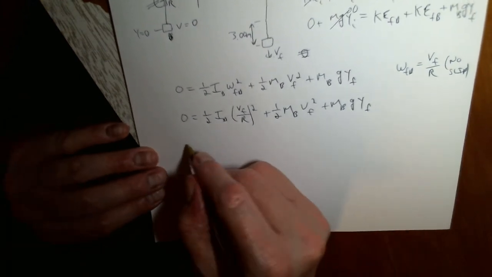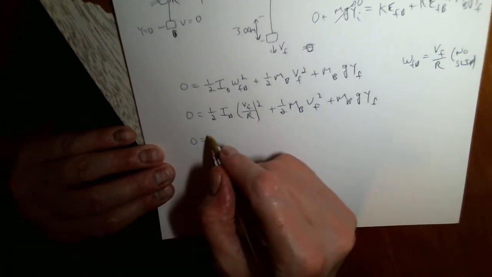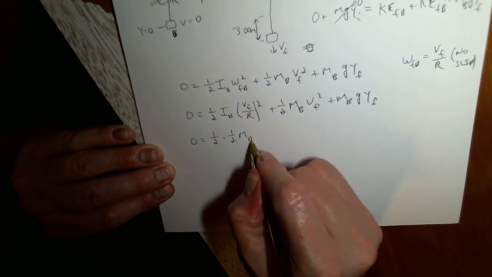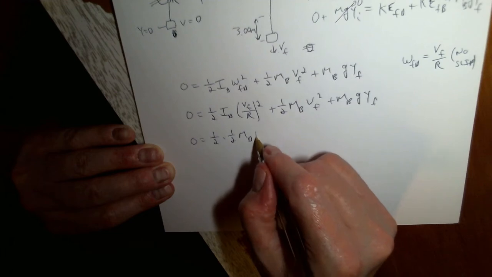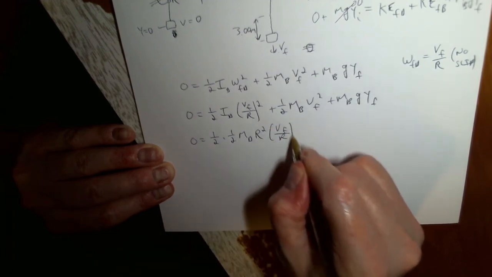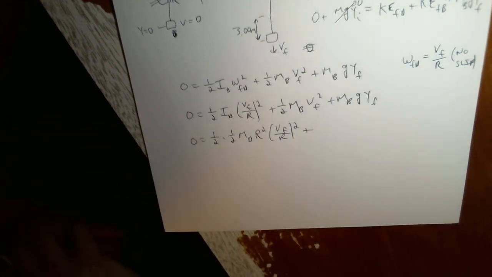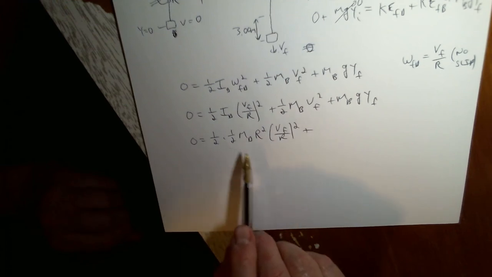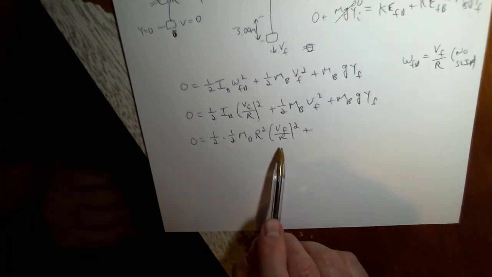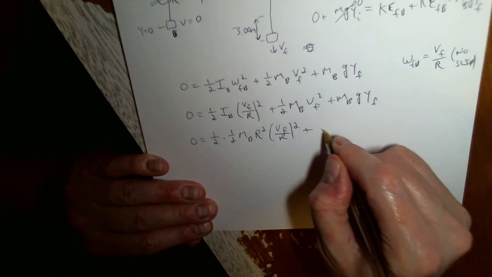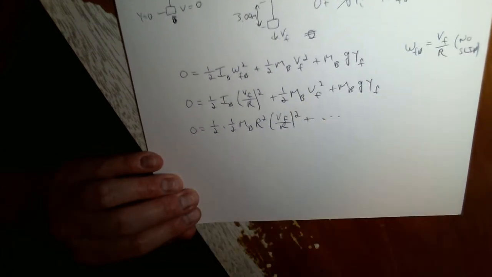And you'll find that the moment of inertia of a solid cylinder is 1/2 mass of the drum in this case times radius of the cylinder squared. And so this is how you're going to get rid of this radius of the drum, which notice is not given in the information. And then plus everything else, plus these two terms.